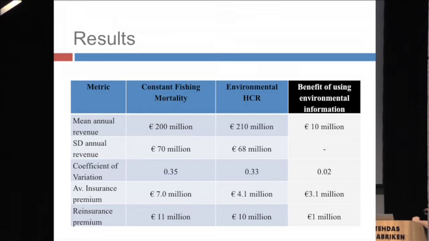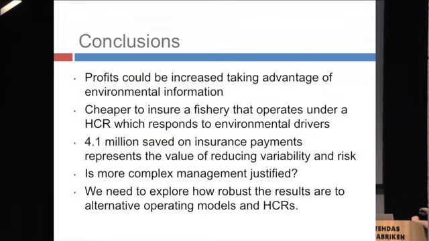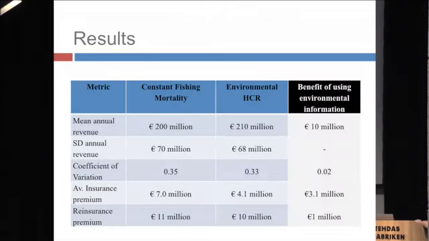And this value, 4.1 million saved on insurance payment, represents the value of reducing variability and risk. This is the sum of this 3.1 million saved by the environmental harvest control rule plus this 1 million from the reinsurance premium.